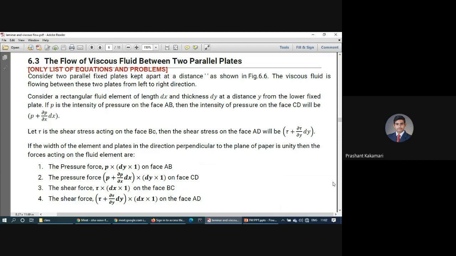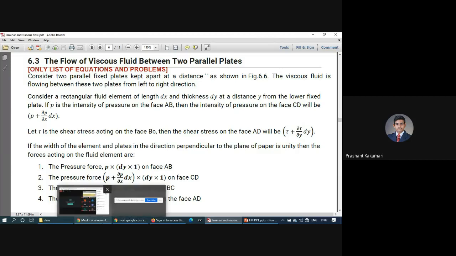Similarly here, using equations similar to Hagen-Poiseuille's equation, we are going to derive some equations. In the syllabus we don't have the derivation or the procedure to find the equations. We have only the numericals.